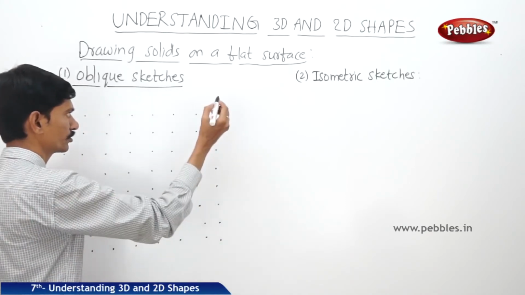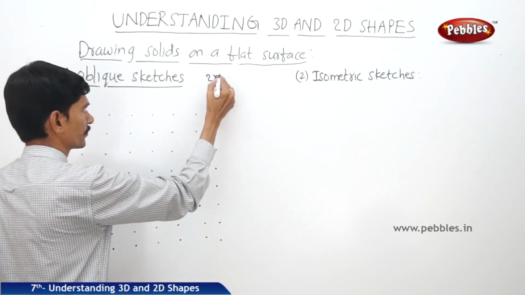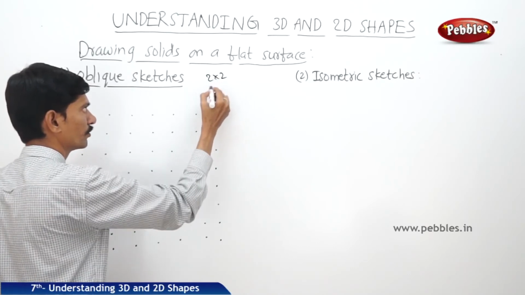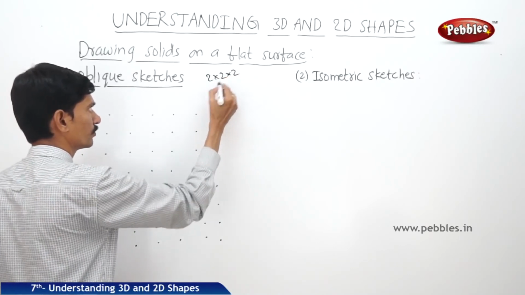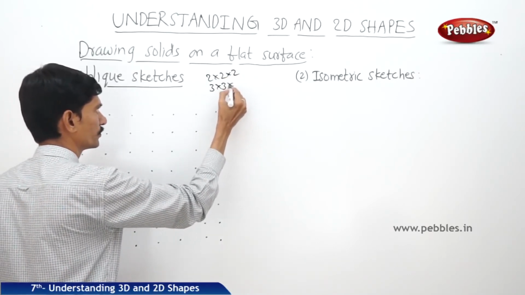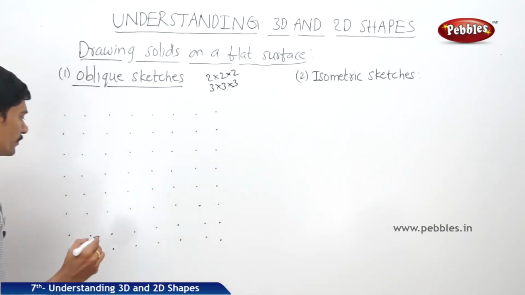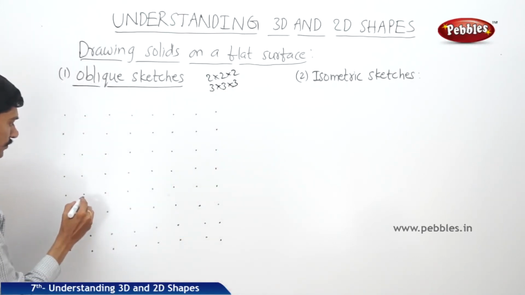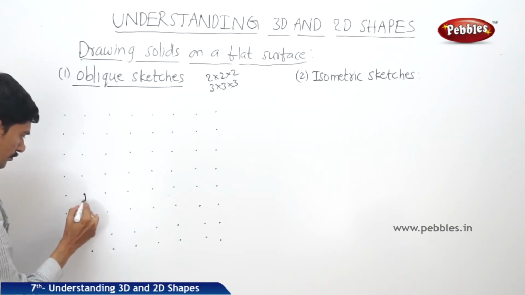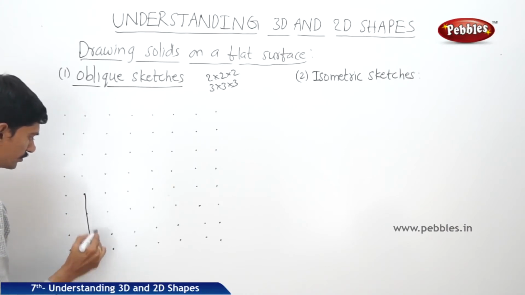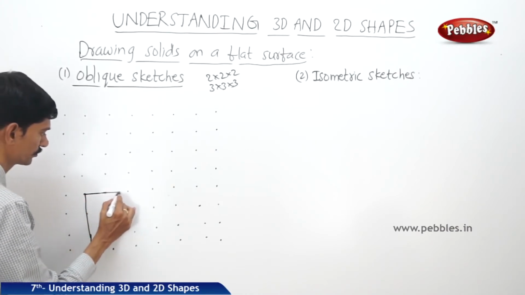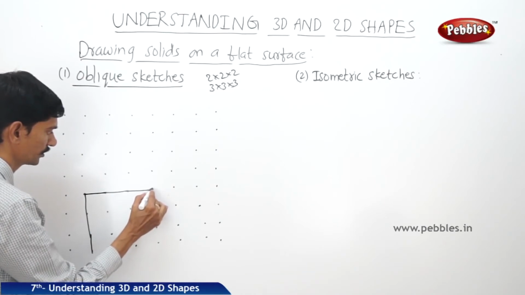Now if we want to show any 2 by 2 by 2 cube or 3 by 3 by 3 cube, then first you will draw the front face of the cube with 3 centimeters. 1, 2, 3 centimeters.